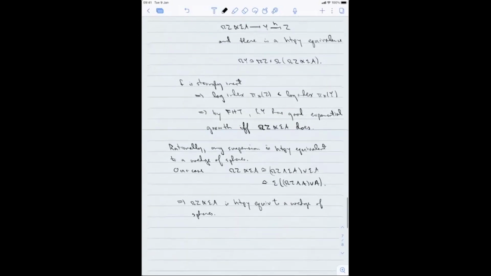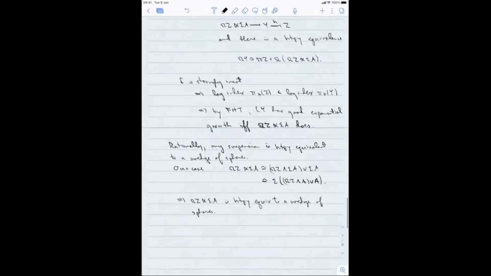And now this other result of Felix, Halpern, and Thomas said that if you have a simply connected finite type wedge of spheres, then its free loop space has good exponential growth.